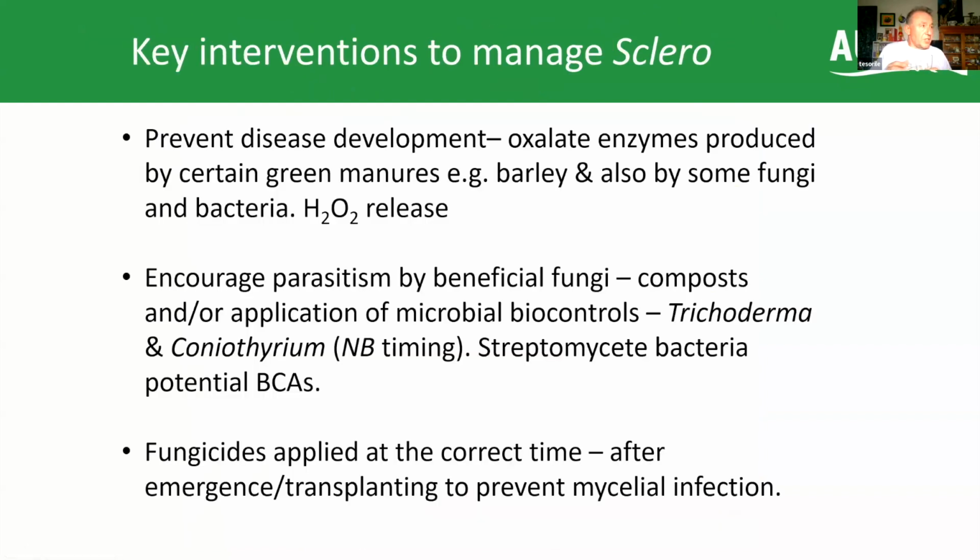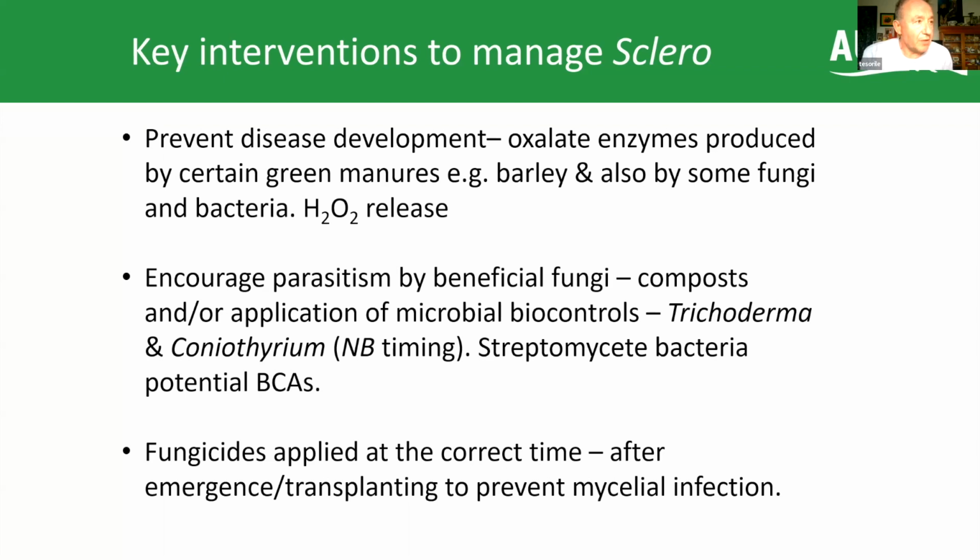So in terms of interventions for sclerotinia, and this is probably true for a lot of different fungal pathogens, but some of them specific here for the sclerotinia fungus. In terms of preventing disease development, it's trying to stop the production of those sclerotia if you can, or at least allowing those sclerotia to be parasitized.